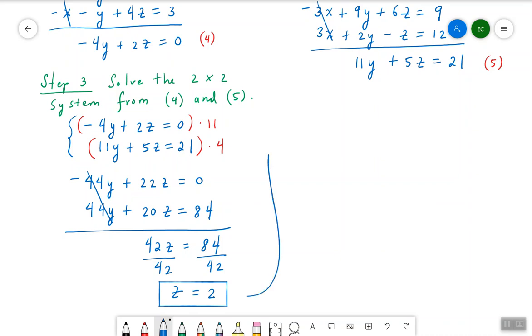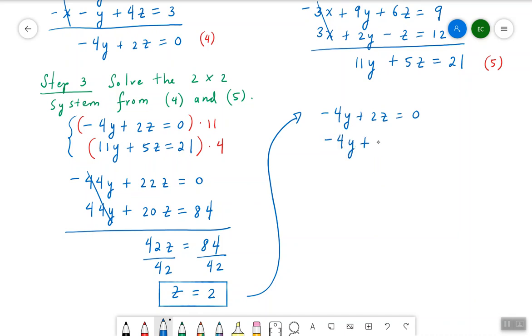Okay, we're not done solving the 2x2 system. We still need to solve for y. So let's go back to this first equation in the 2x2 system. It says negative 4y plus 2z is equal to 0. And let's just replace z with 2.